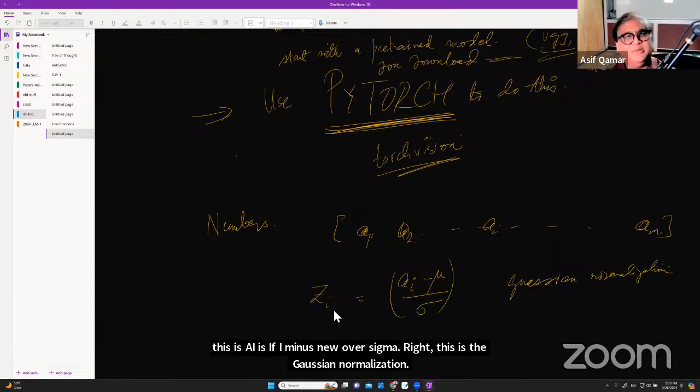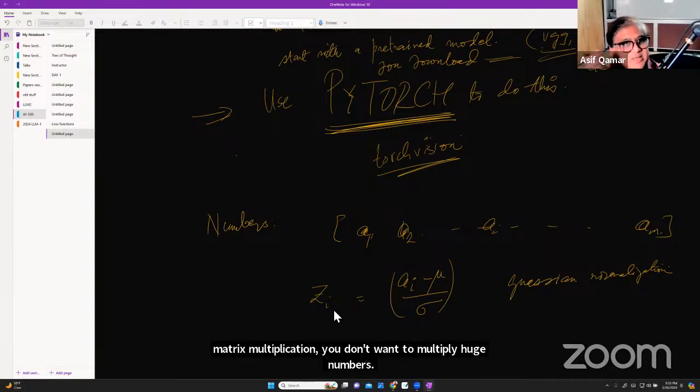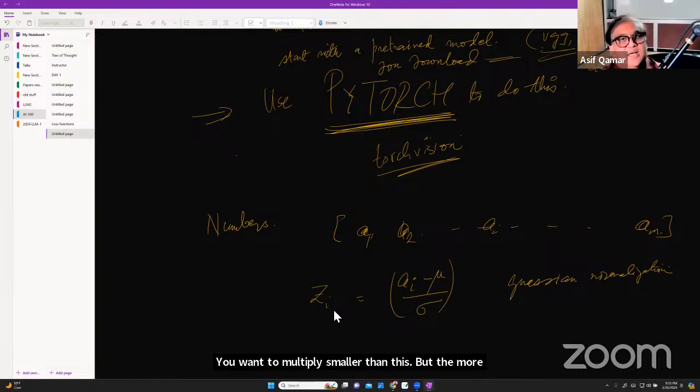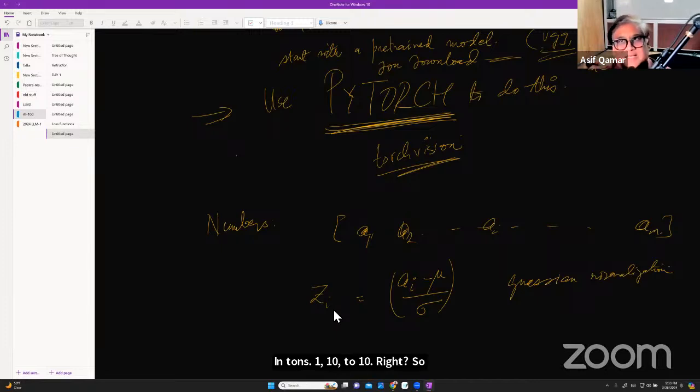For many reasons. A practical reason is that in the neural network, when you do matrix multiplication, you don't want to multiply huge numbers. You want to multiply small numbers. But a more intuitive explanation is, you see, guys, I may choose to weigh an elephant in tons, 1 ton, 2 ton. So an elephant may weigh a couple of tons.